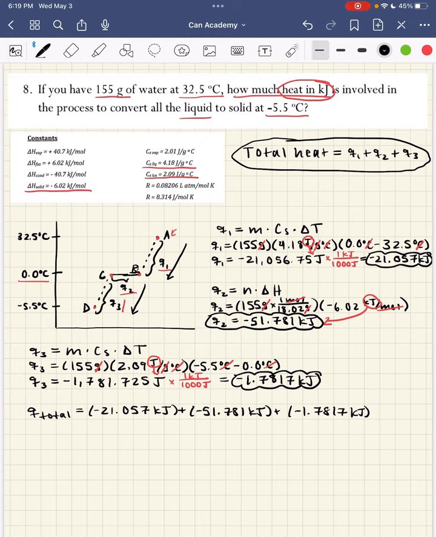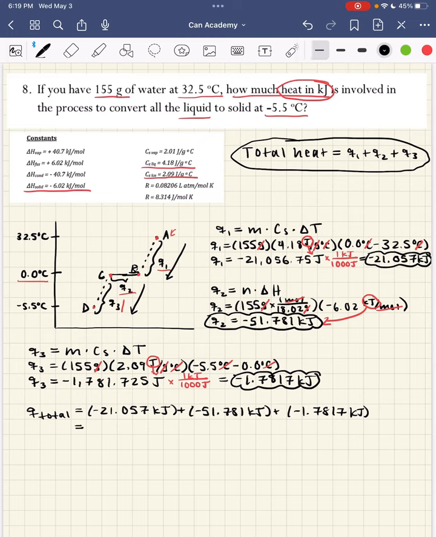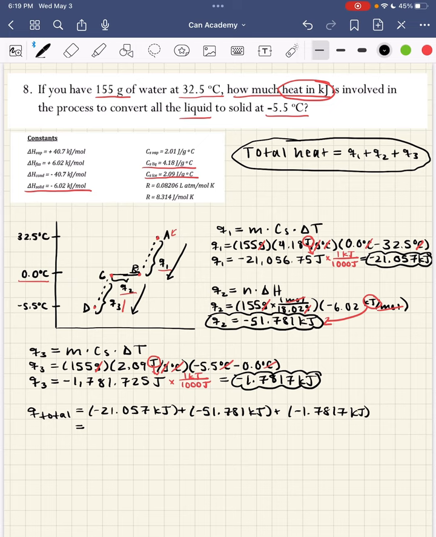And that is going to yield a total of negative 74.6197 kilojoules.